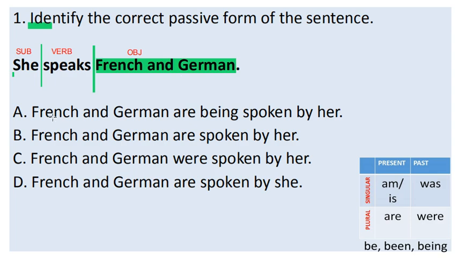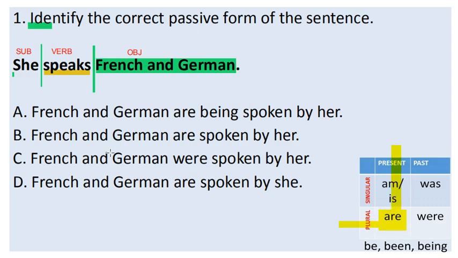French and German, is it singular or plural? It is plural. Okay? Back to the given sentence. The verb speaks. Is it present tense or past? It is present. Let's therefore check plural present on the table. What do we have? We have are. Good.